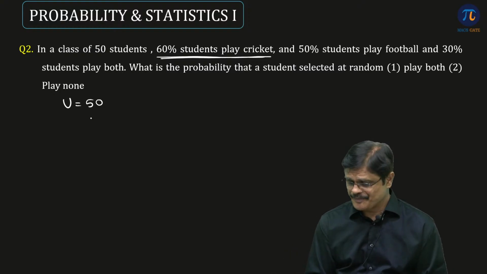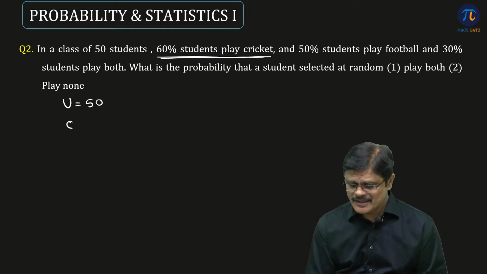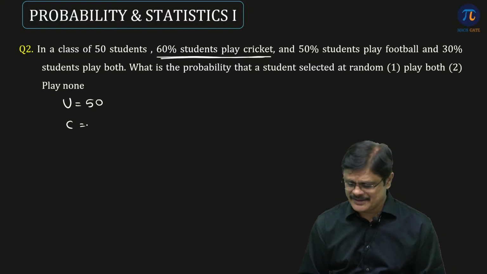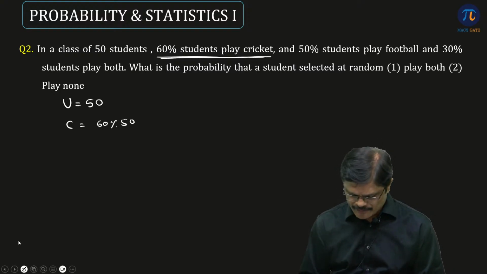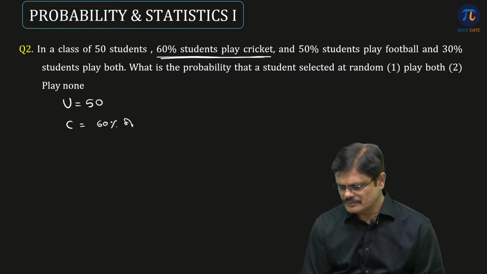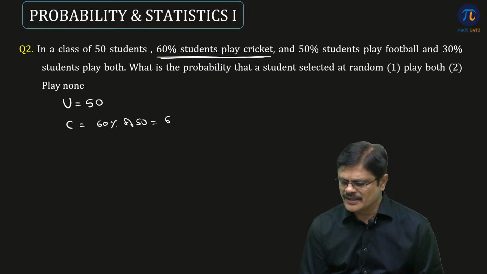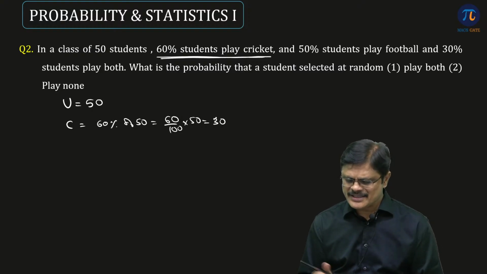How many people play cricket? 60% of 50, that is 60 by 100 into 50, which is 30.